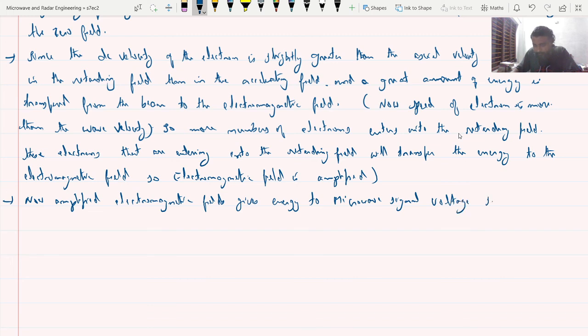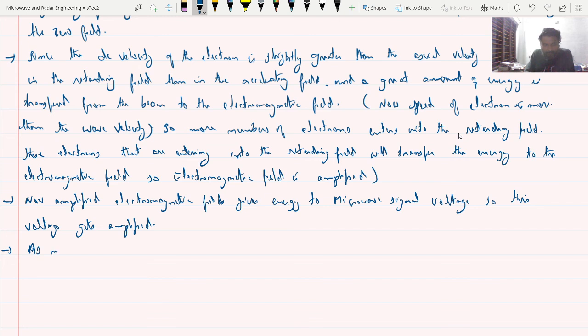So this voltage gets amplified. As more and more electrons are propagating, what happens? More interaction takes place.